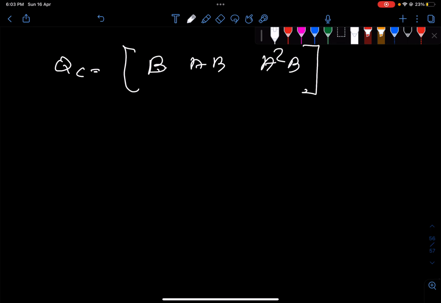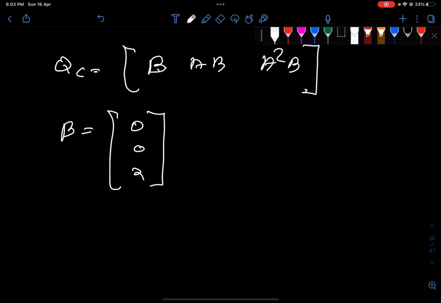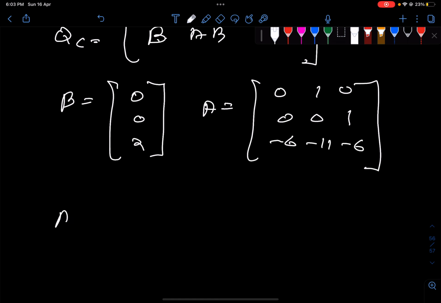So what is our B initially? 0, 0, 2, right? And what is our A? 0, 1, 0, 0, 0, 1 and minus 6, minus 11, minus 6. You can find out what AB is using the calculator, very easy. By using the calculator, there is a matrix option. You declare a matrix as 3 by 3.